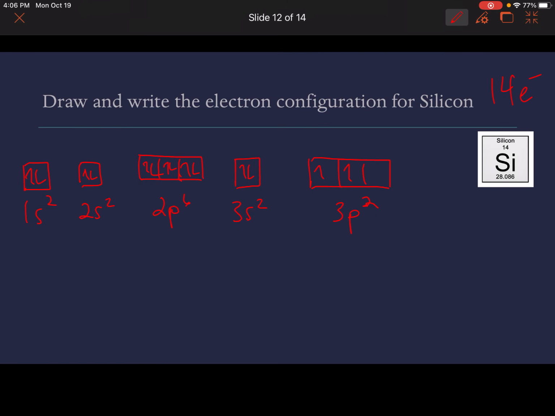The principal energy level, 3s2, 3p2, is my valence. So I'm going to end up with those boxes there. This would be drawing it, and then to write it, you're just going to recopy the bottom parts there. So that will be the written electron configuration.